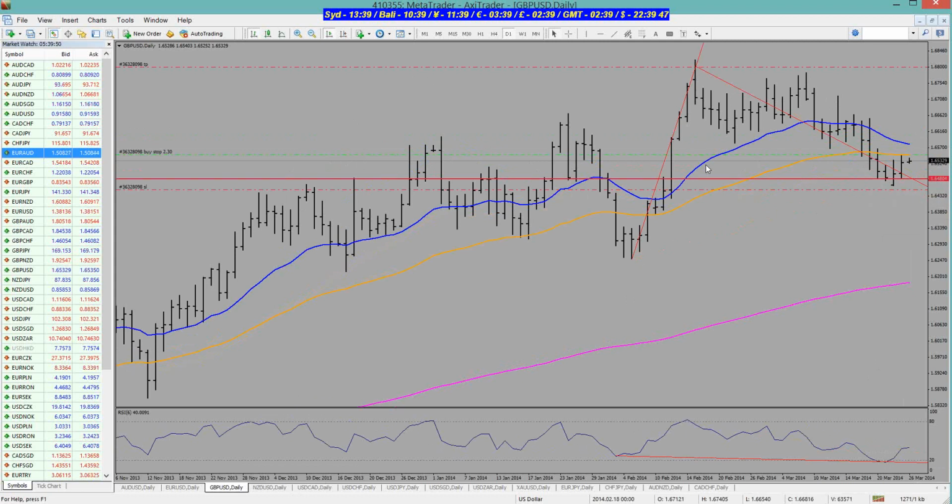So hidden divergence is that we're coming from here, then we should be making a higher high than this because we've got further to travel, but back before we get to the point of exhaustion. Does that make it a little easier to understand?